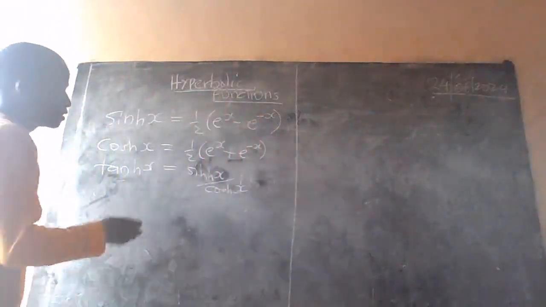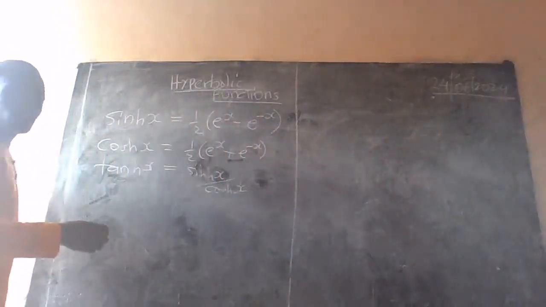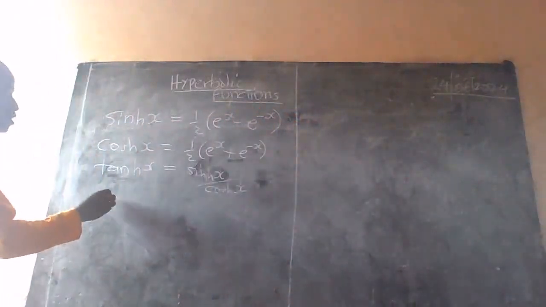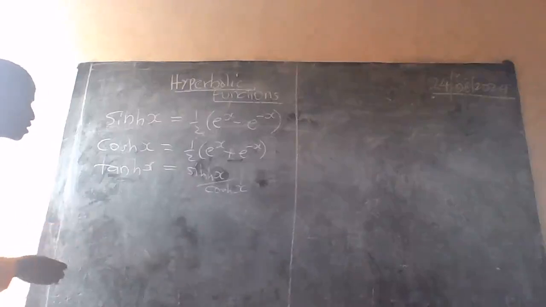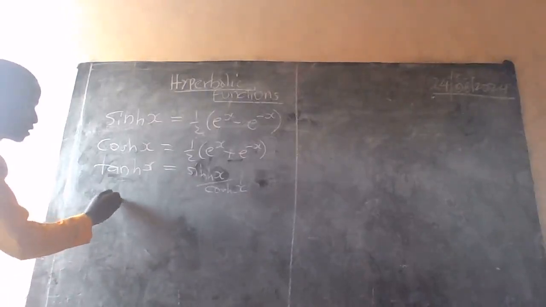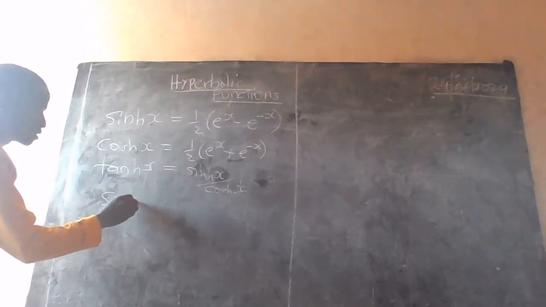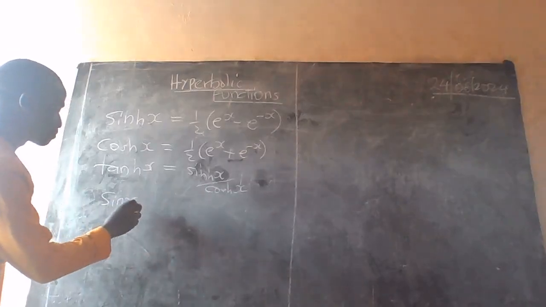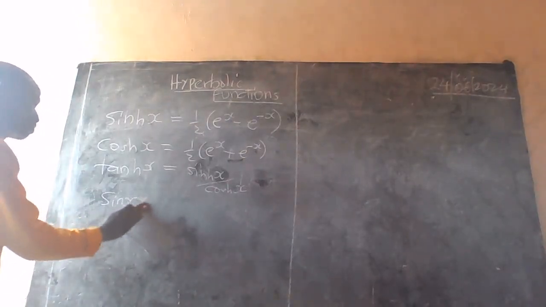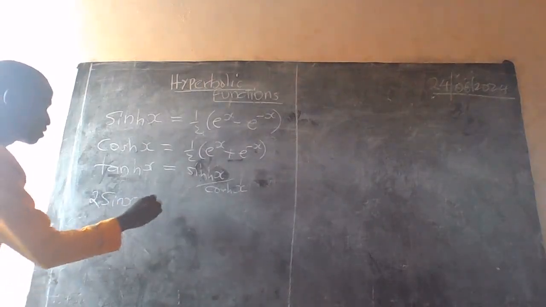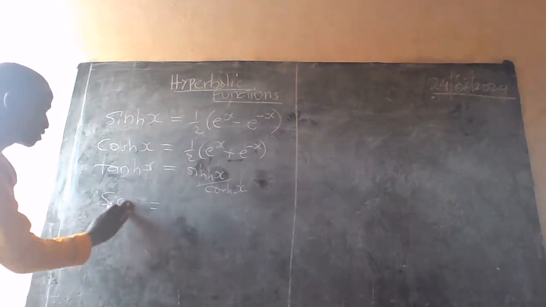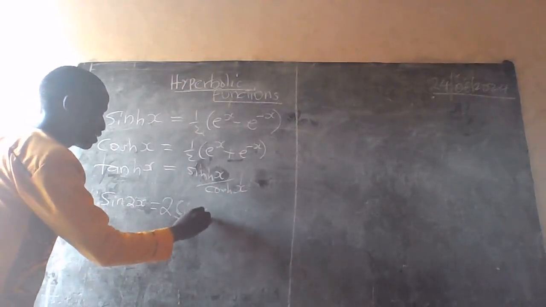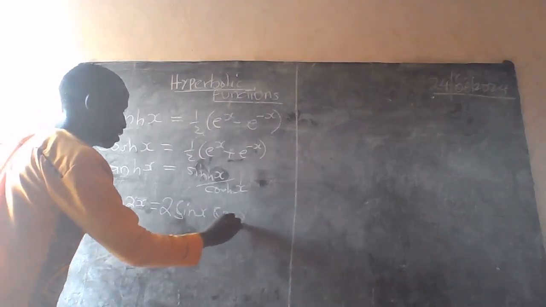Let's take, for example, the trigonometric identity that sin 2x is given by 2 sin x cos x.